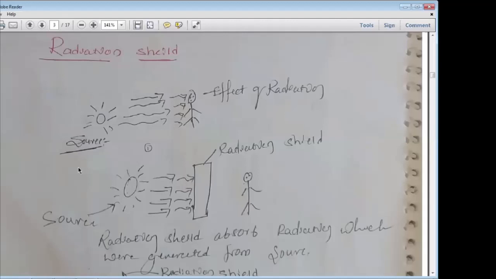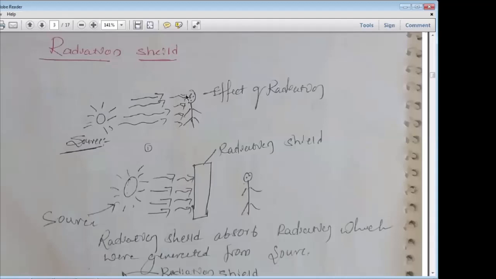Suppose the sun is a source, which radiates energy, and the radiation falls on a human. The effect of the radiations will take place on the human body. Suppose a thermal power plant is a source that generates radiation energy. If it falls on some other person, a certain effect of the radiations on the man will take place.